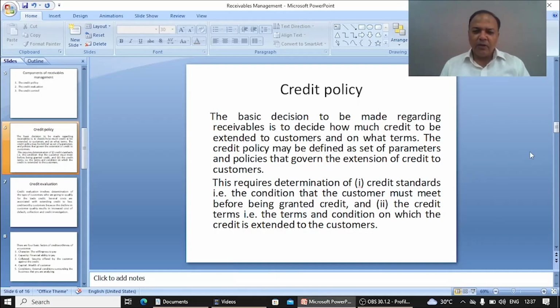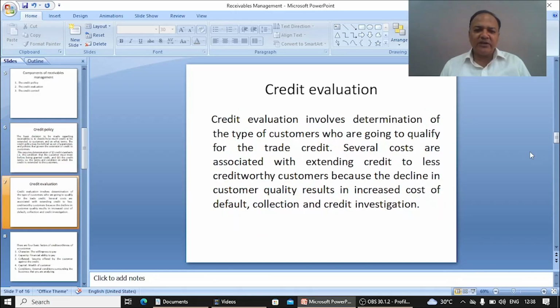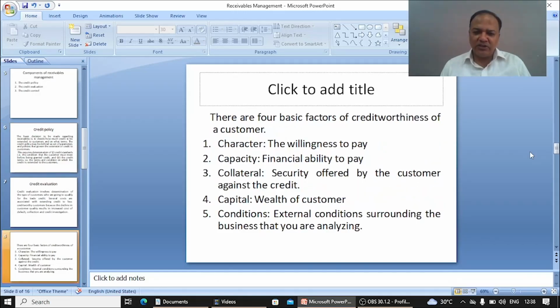It means on which minimum conditions a customer should be satisfied. Now let's come again to this slide. Here we are checking the basic conditions. It means whenever we are giving credit to a person, we have to check these five C's.